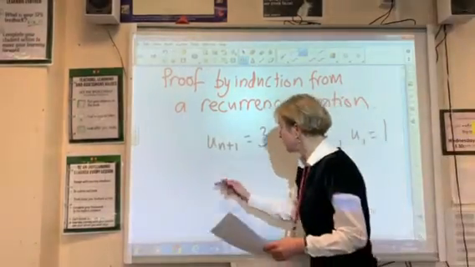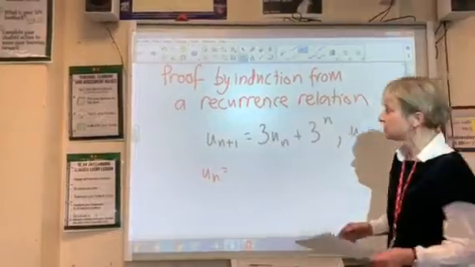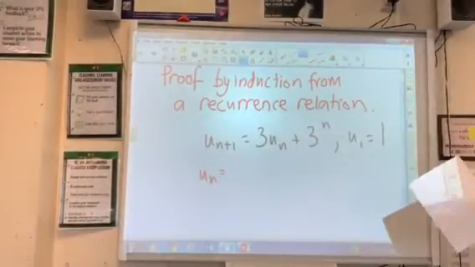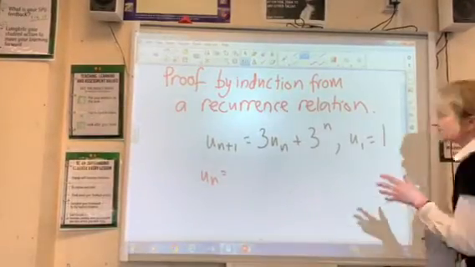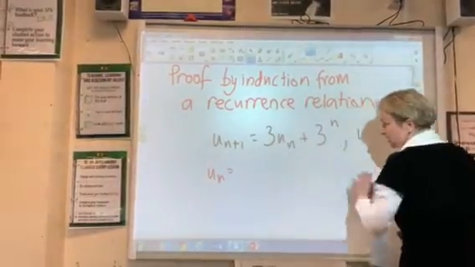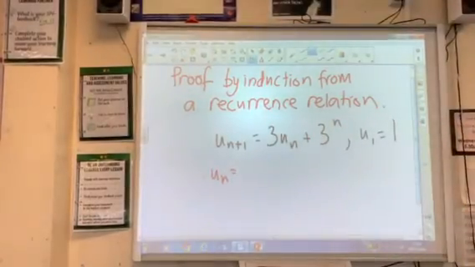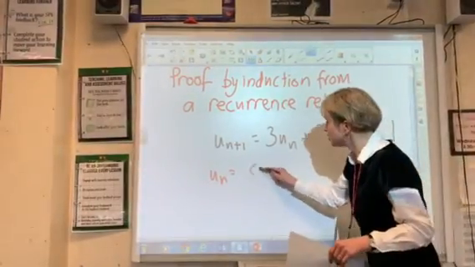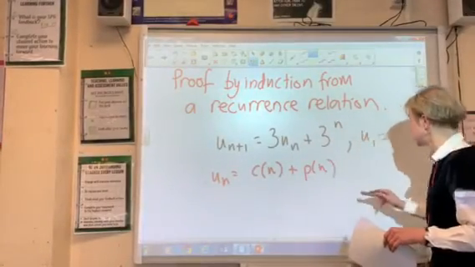So I know that my solution to the recurrence relation, so the first part of this question is solve the recurrence relation. And of course, solve the recurrence relation means take it from a recurrence relation to a position to term formula, or find the general term. So I know my general term is my complementary function plus my particular solution.